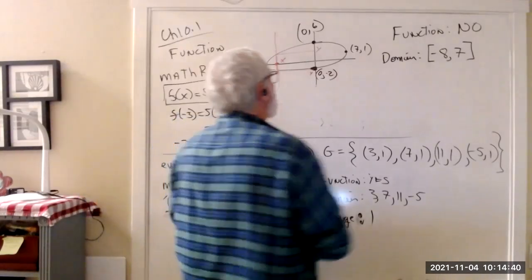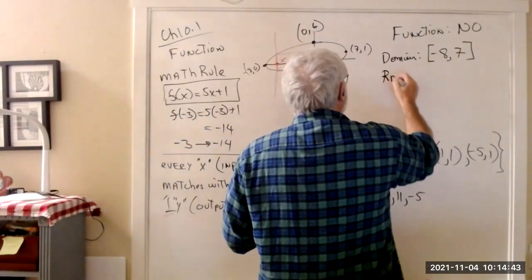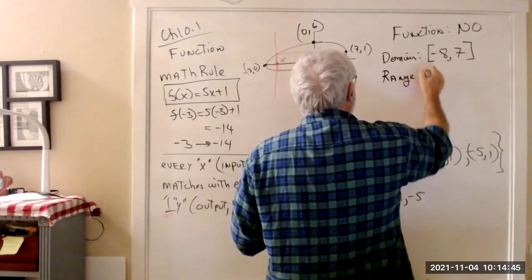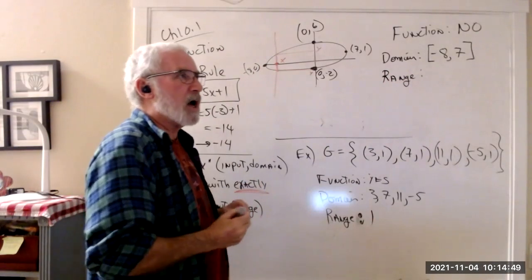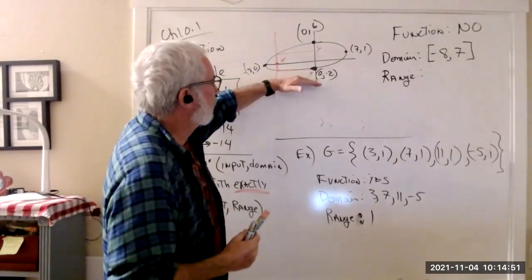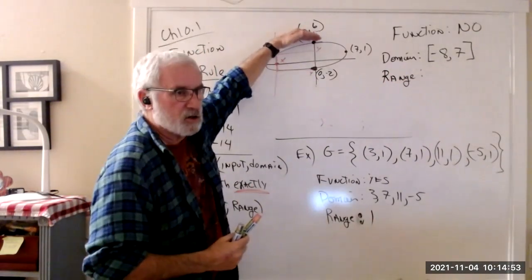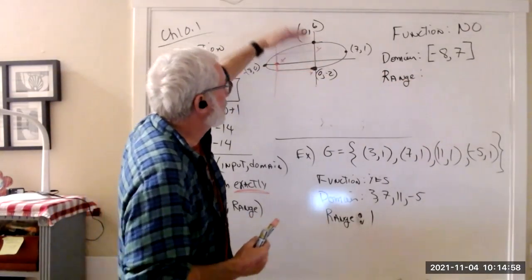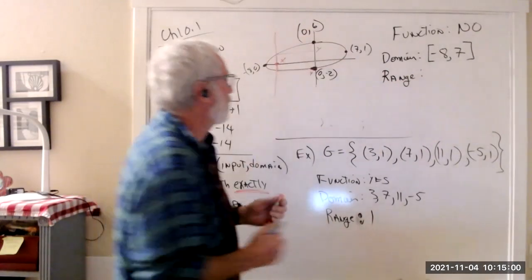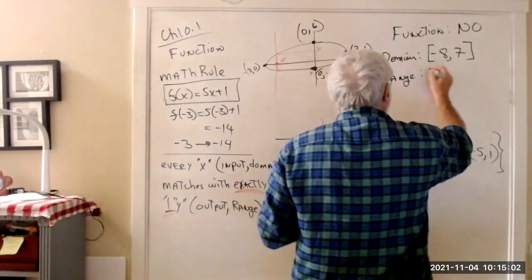The range on this one, okay, is the Y values. Well, all of the Y's from -2 up to 6 are being used. They're all up and down here. All these are Y values up and down here, -2 to 6.